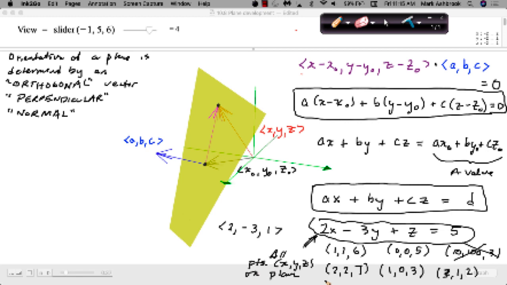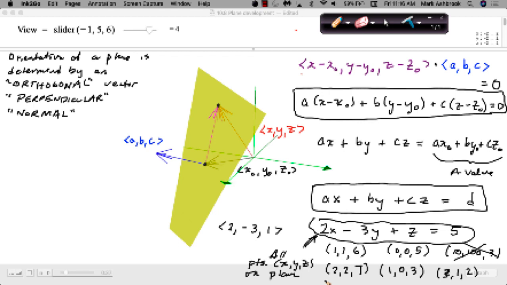Okay, so notice, what did we start with to find the equation of the plane? Lots of vectors, right? And where did we land? The equation, right? No vectors. So with a line, a line was a vector equation of a single parameter t. A plane ended up being an equation of x, y, and z.